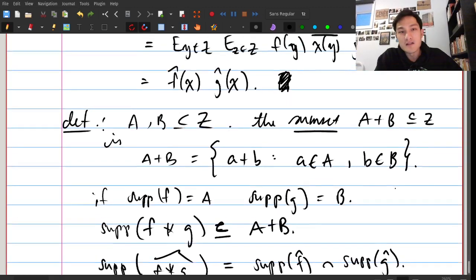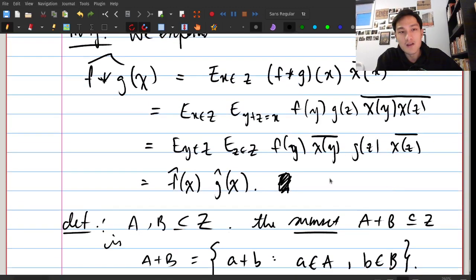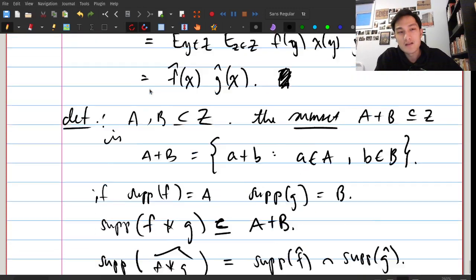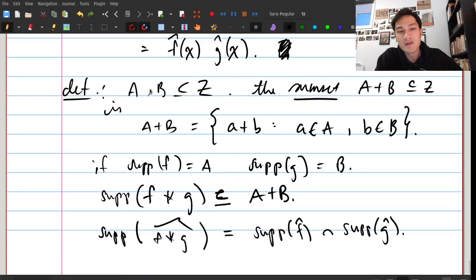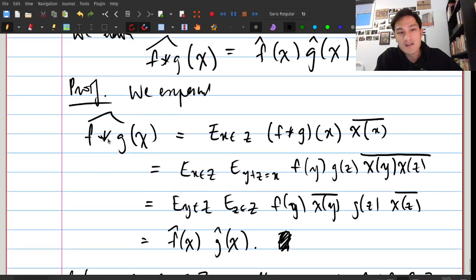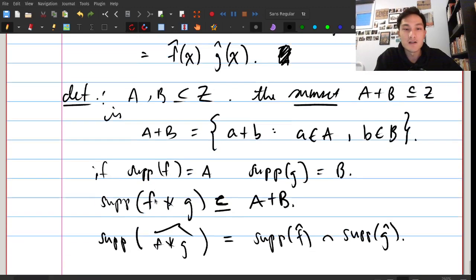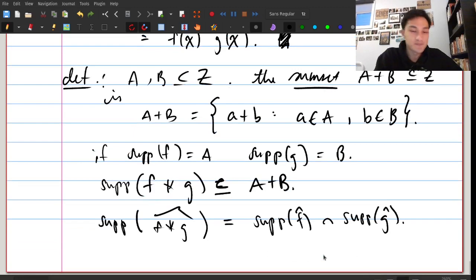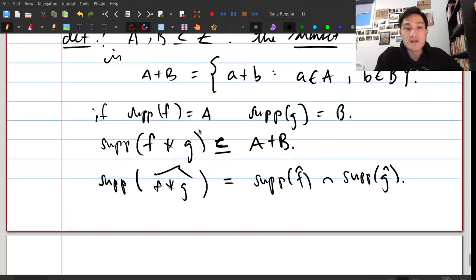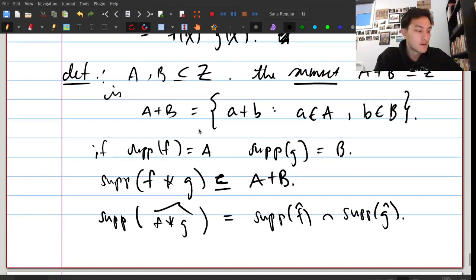The reason is that if chi is in the support here, then this product has to be non-zero, meaning that both of these have to be non-zero. Conversely, if both of these are non-zero, then this is non-zero. So that's the link between sumsets and the convolution product.